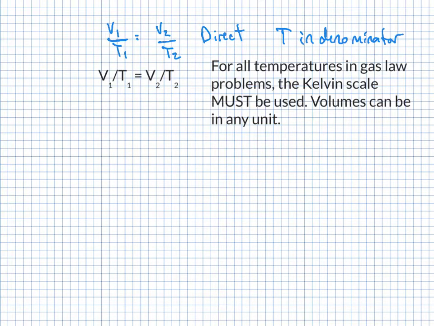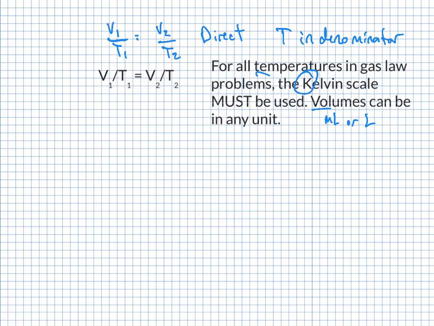Just like Boyle's Law, the 1 and the 2 just represent two different states. So 1 represents the initial temperature and volume, and 2 represents the new or changed temperature and volume. And for volumes, you're still primarily going to see milliliters or liters, but your temperatures are always going to be in Kelvin.